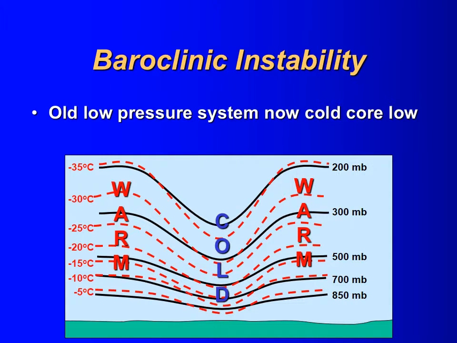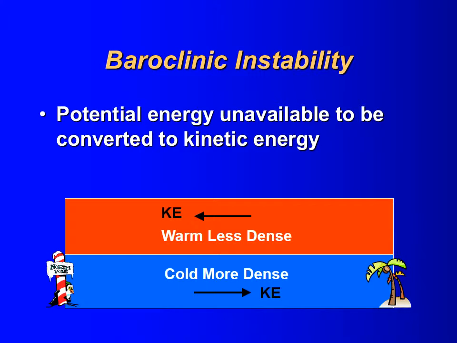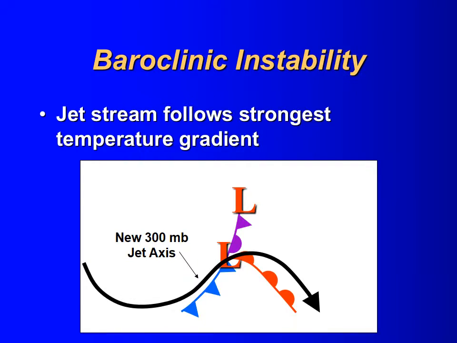We talked about these. It's a cold core low. In other words, all the cold air is in the center and the warm air is around the sides, way away from the weather system. And you don't have any energy anymore to make it go. So it just sits there and spins. And the jet stream ignores that low pressure system, the old low, because the jet stream follows the temperature gradient.